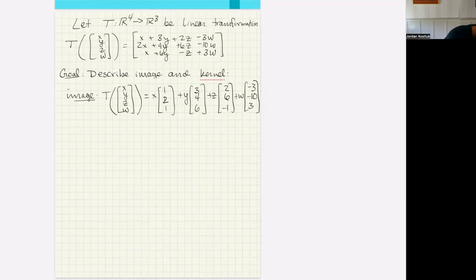The main point here is, if I'm letting x, y, z, and w vary over all possible real numbers, really what we're looking at is all linear combinations of these vectors.